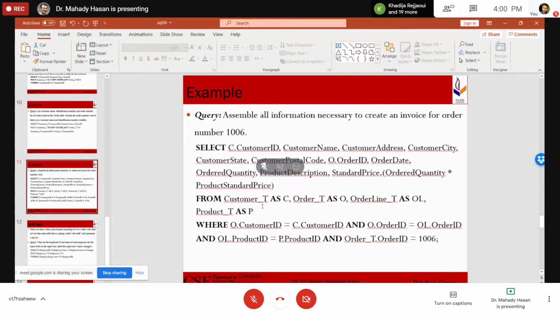So n number of tuples. Which n number of tuples are we dealing with? We are talking about which n? I agree, n number of tuples. Which n are we talking about?